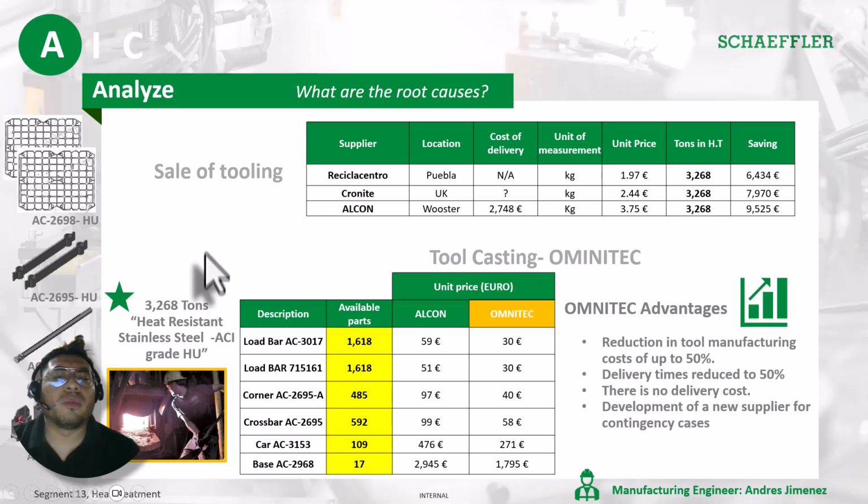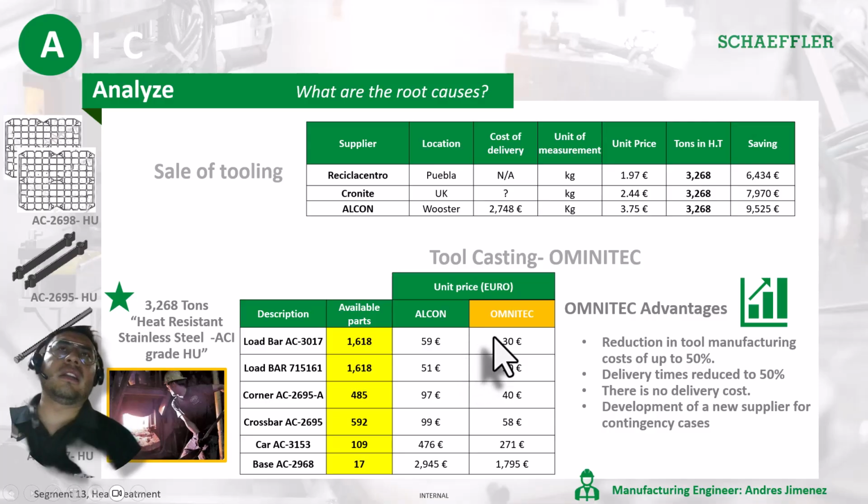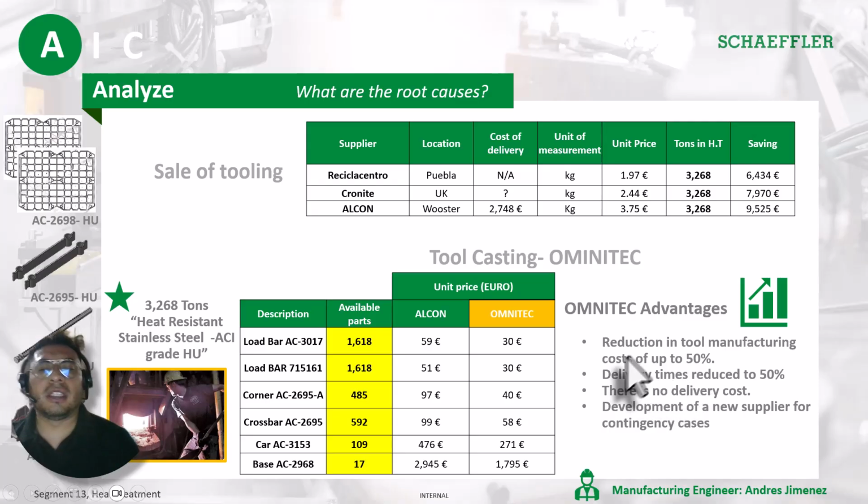The second option that we found at that moment was with a supplier called Omnitech. He made a proposal for us: if we sent the tooling to storage, he could do the next steps.